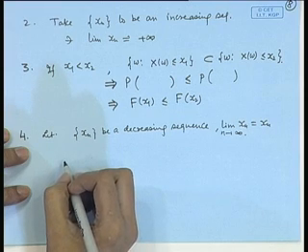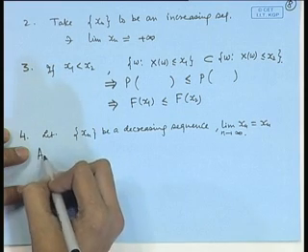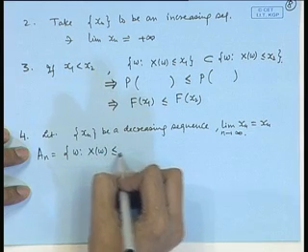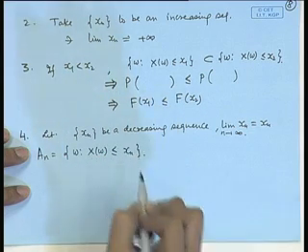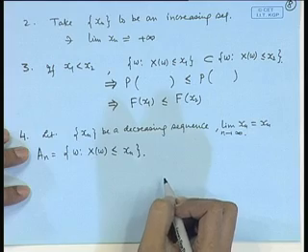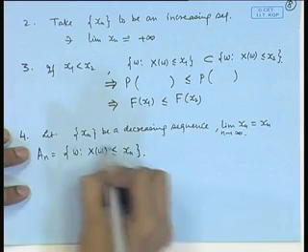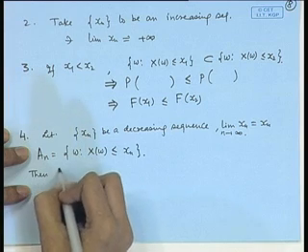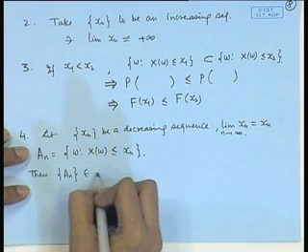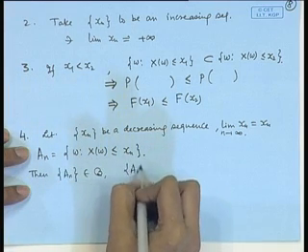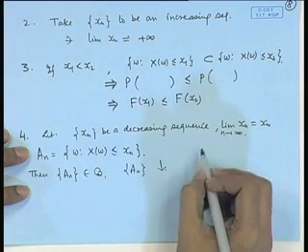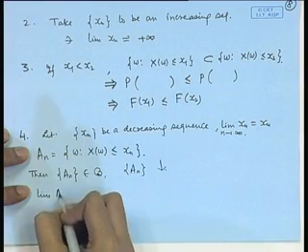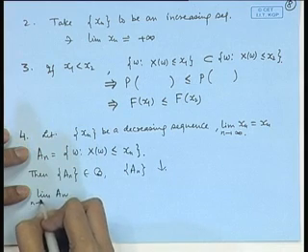Now consider the set A_n as the set of all those points such that X(omega) is less than or equal to x_n. Then these are measurable sets. A_n is a decreasing sequence.